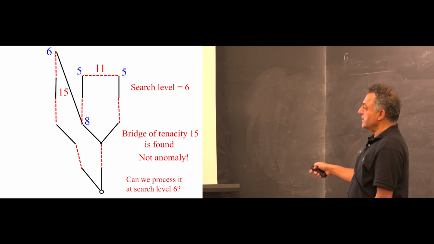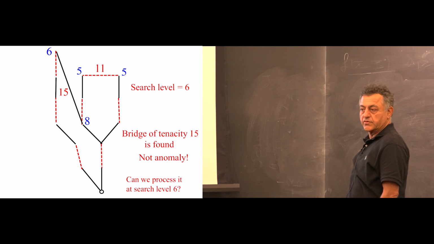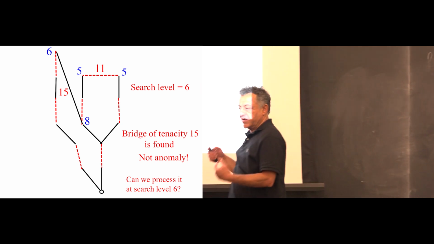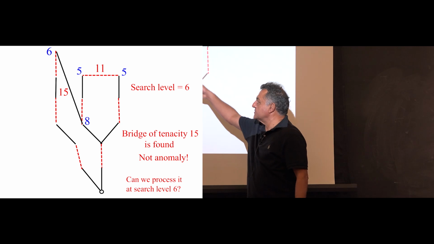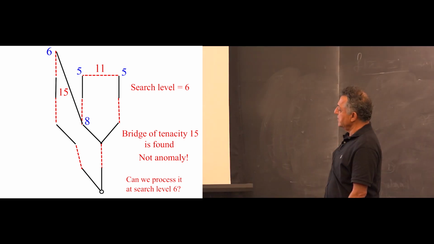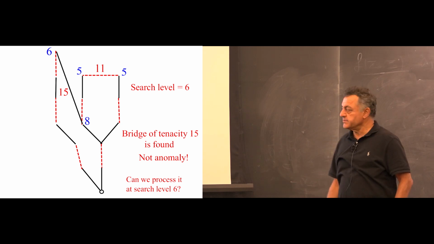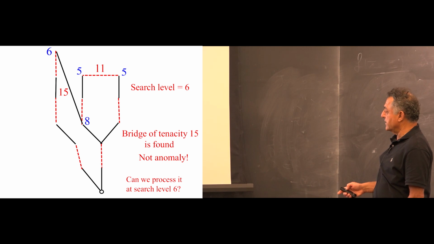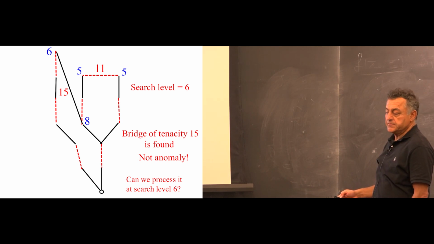It is not an anomalous bridge, even though it goes from high to low, because I've defined the anomalous case to be one in which you do not know its tenacity at the time of finding the bridge. Here we know this tenacity, which is 6 plus 8 plus 1, which is 15. So this bridge of tenacity 15 has been found. Its double depth search should be done at search level (15 minus 1) over 2, which is 7. So not at search level 6, but at 7.